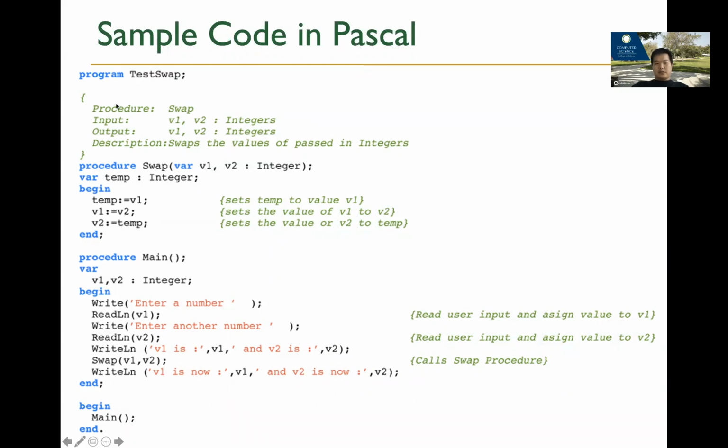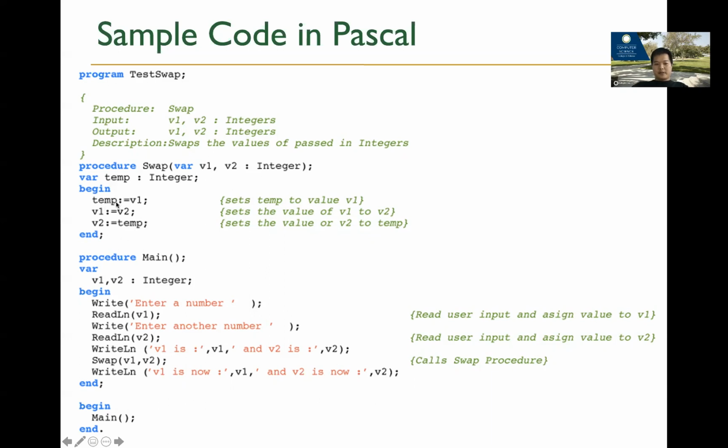This one tries to do a program to swap two variables, and it's really easy to read. You've got a program, and you put a name here. There's a procedure swap, with two variables of integer type, and then you define another integer, temporary, and then you do this kind of swap, a pretty classical algorithm.